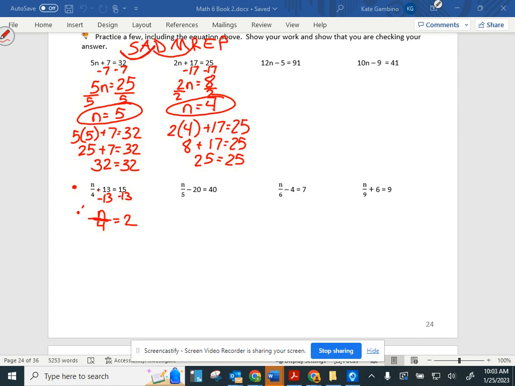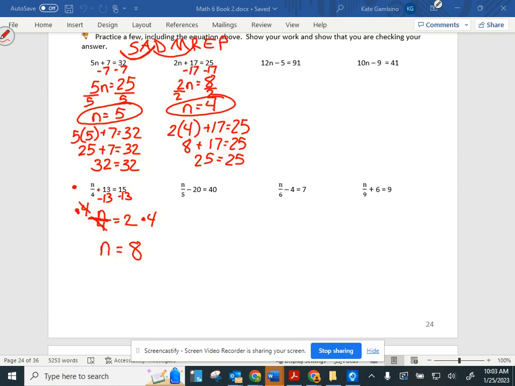So I'm going to multiply by 4. n divided by 4 times 4 is 1n. 2 times 4 is 8. Those 4s cancel out. So I multiplied by 4, multiplied by 4.